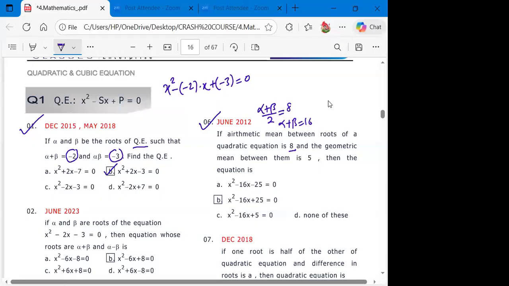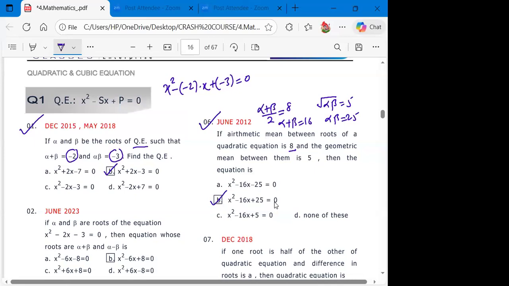So geometric mean is root over alpha beta is 5. So, alpha beta becomes 25. Can I say again, the same question comes. Sum is 16. Product is 25. What was the formula? X square minus sum into x plus product equals to 0. So, answer will be this one. Just see. X square minus 16 into x, that's sum into x, plus product is equals to 0. Clear?